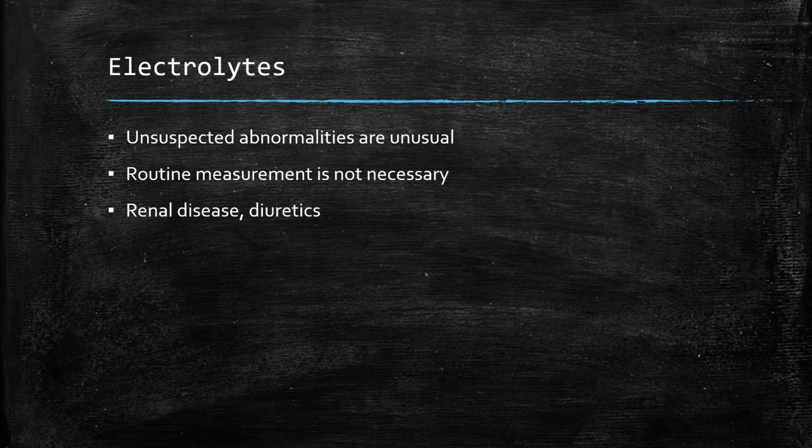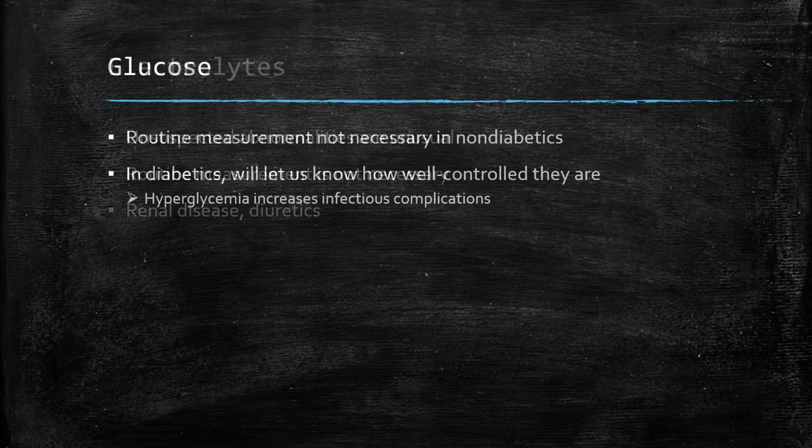Unsuspected electrolyte abnormalities are distinctly unusual, and so routine measurement of the patient's sodium and potassium is not necessary. However, if they have renal disease or if they're taking medicines like diuretics that will affect their electrolytes, then of course we would want to know that information preoperatively. It is not necessary to measure a glucose level in a non-diabetic patient.